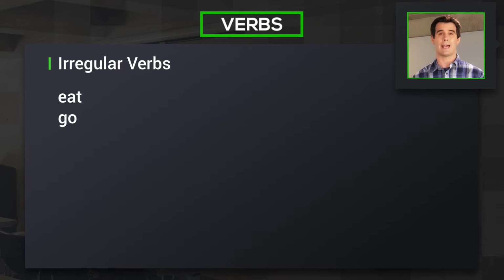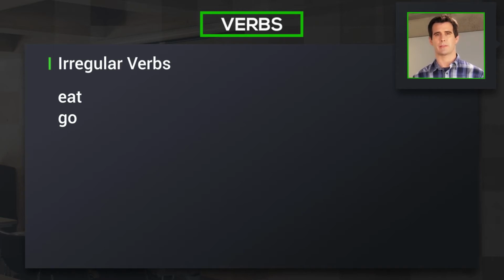We do not add ed to these types of verbs. With irregular verbs, there really aren't any easy rules to remember. So we have to remember the past tense of each one. We have to memorize the past tense of the irregular verb.